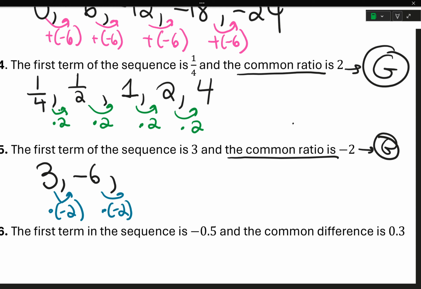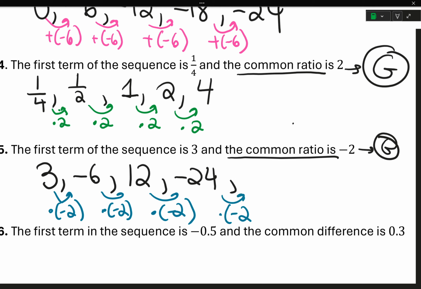Times -2 is +12. Times -2 is -24. And last one, times -2 is +48.